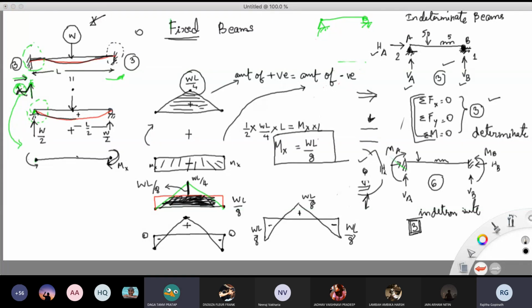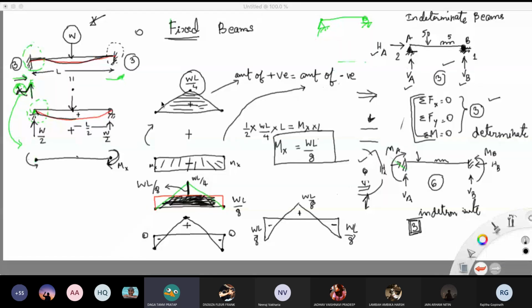Why have we taken half into WL by 4 into L in the first step? Say that again. Why have we taken half in this equation, the half into WL by 4 into L वाली equation में? Acha. Why have we taken triangle?